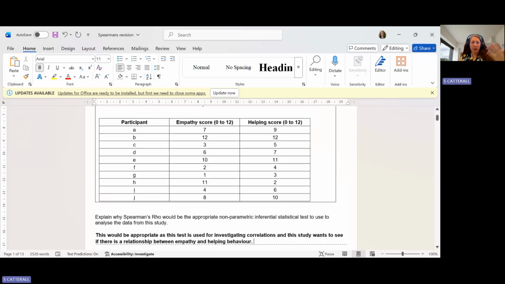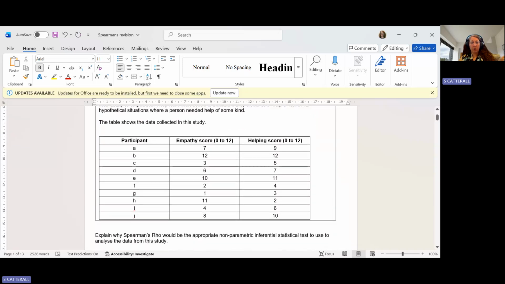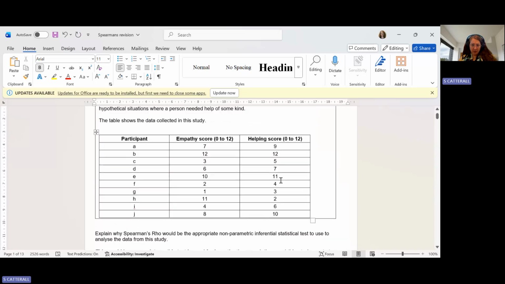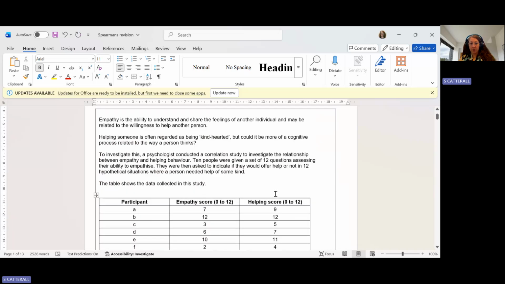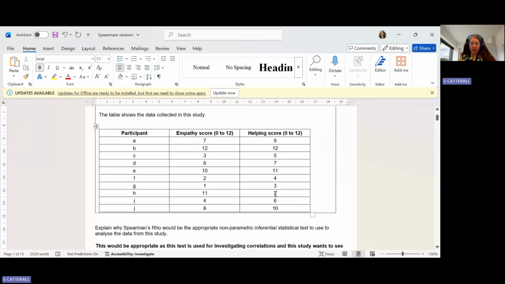And then the only other reason that you pick a Spearman's rho is the level of data. You can't do the design, because there are no designs. So it'd just be the fact that it's ordinal data. They had to indicate if they would help or not in 12 hypothetical situations, so they've got a score 0 to 12.